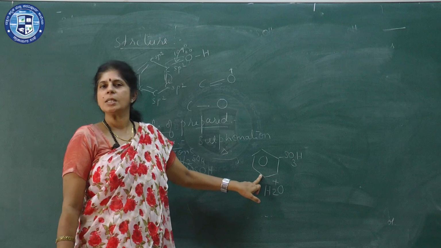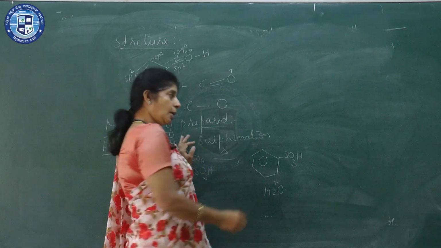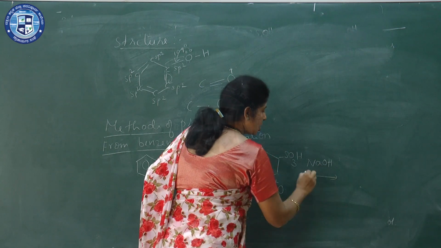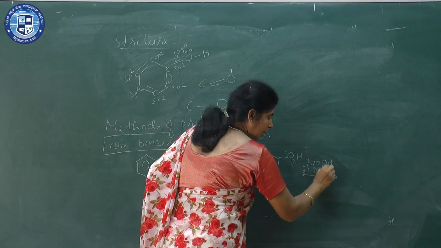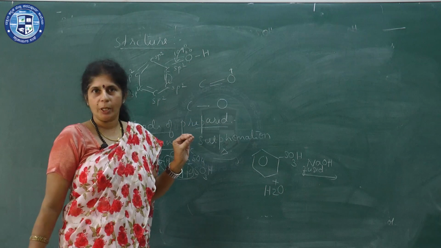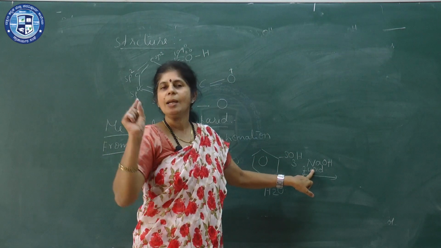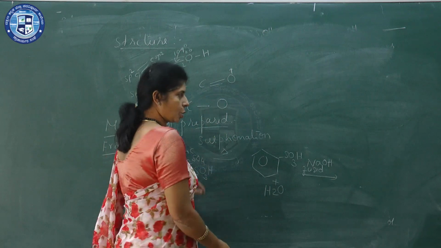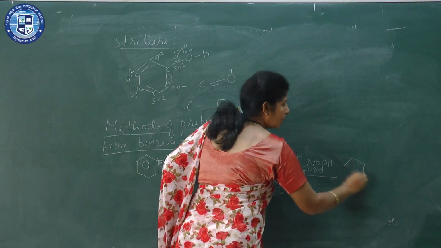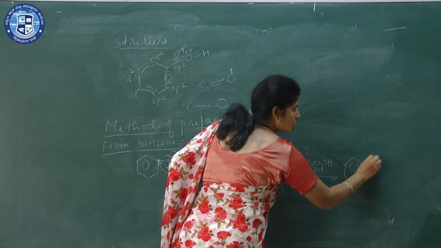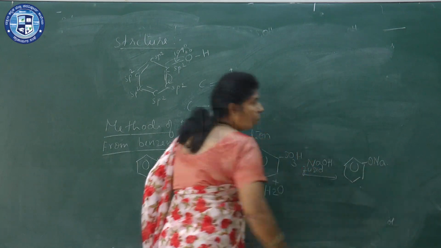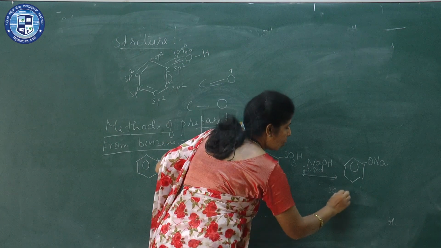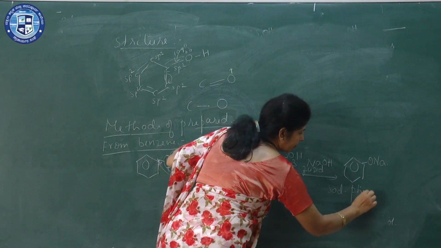Now this benzene sulfonic acid is fused with sodium hydroxide. It is a fusion, meaning heated to a very high temperature using pellets of solid sodium hydroxide, NaOH. This gives you directly the sodium salt of phenol, ONa, which is called sodium phenoxide, right?